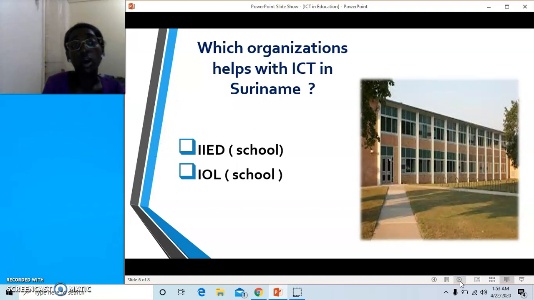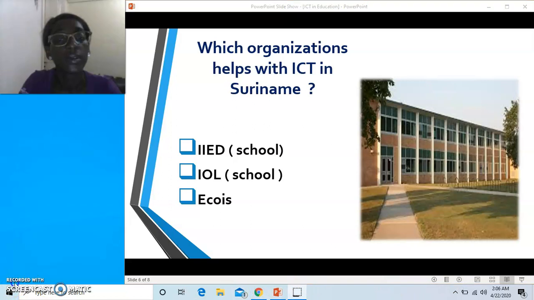EOL is also a school where they have a section that gives ICT, teaching ICT. And the organization ACOIS is an organization that does subject matter research.